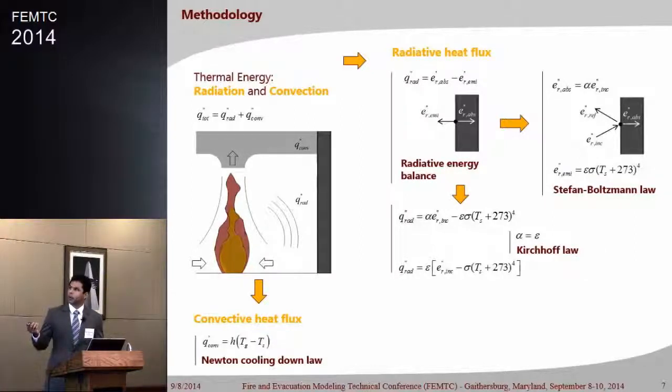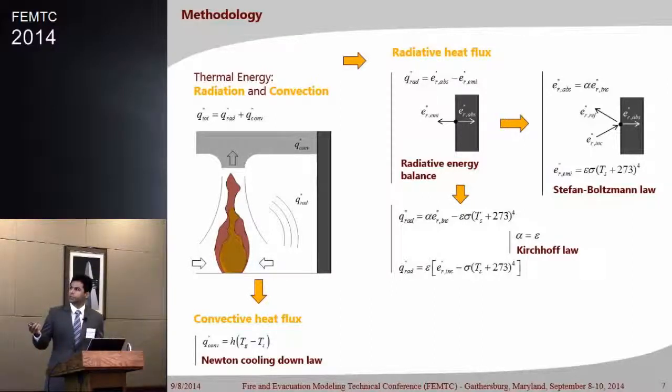This absorbed part can be calculated just by multiplying a factor by the incident heat flux. This variable is known as absorptivity. The emitted part of the radiative heat flux is calculated by the Stefan-Boltzmann law, which is emissivity times the Stefan-Boltzmann constant times the temperature of the surface in Kelvin at the fourth power.